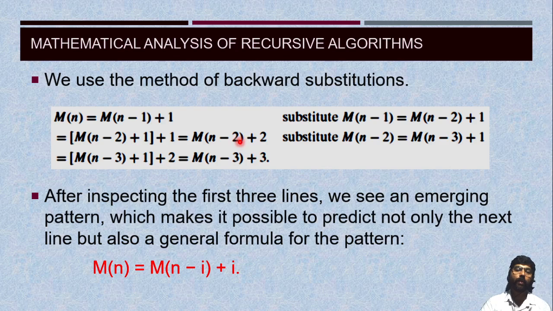So instead of numbers, I can use a variable i. We get the pattern m of n minus i plus i. This is the formula I applied here.